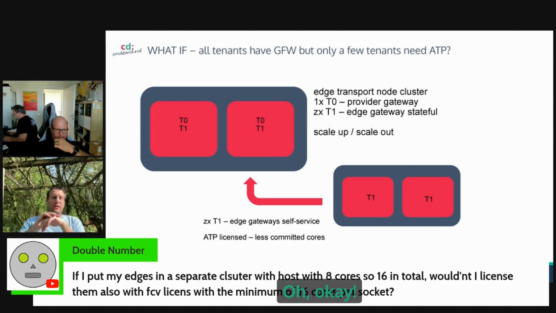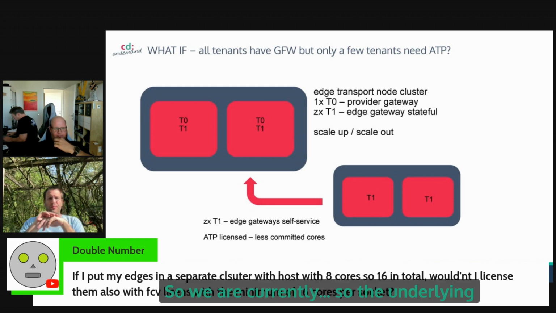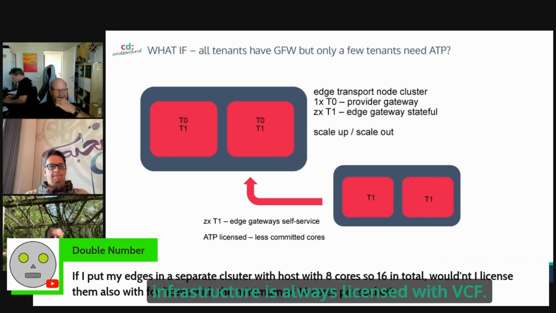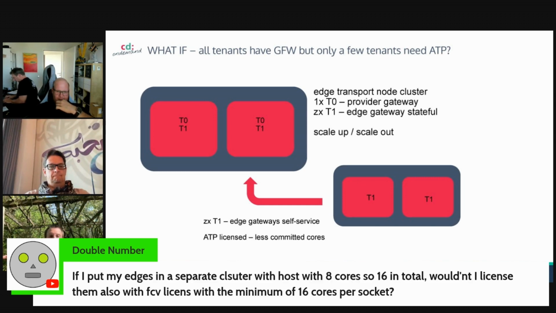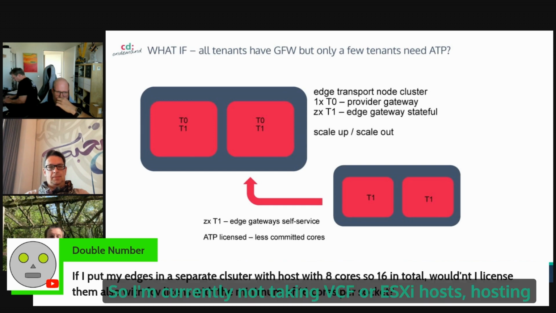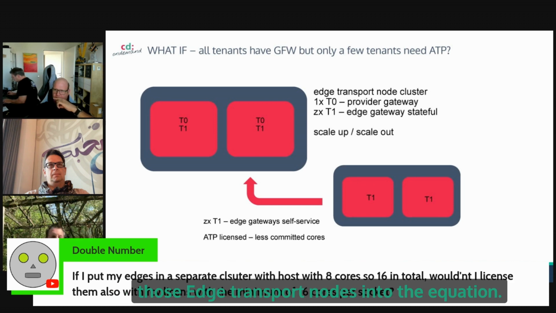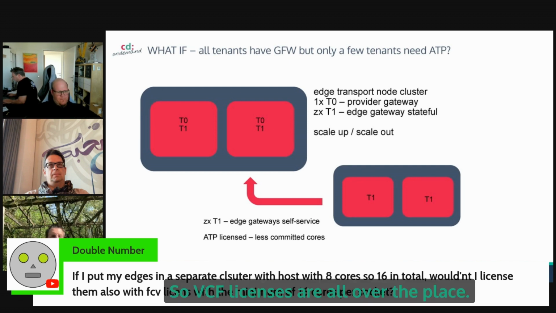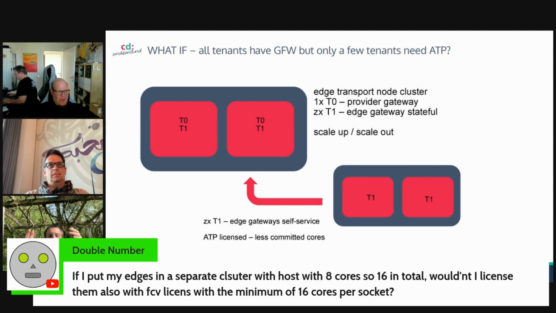Oh, okay. Thank you for the question. So the underlying infrastructure is always licensed with VCF. It doesn't matter. So I'm currently not taking VCF or ESXi hosts hosting those edge transport nodes into the equation. So VCF licensing is all over the place.